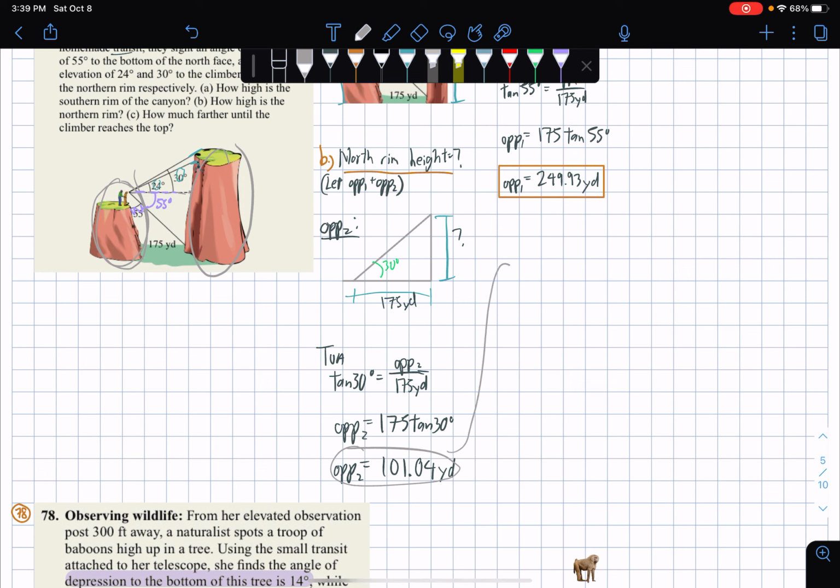Okay, so let's start adding. Opposite 1, which is 249.93 yards, plus opposite 2, which is 101.04 yards. You have to find the sum in order to get the height of the northern rim.